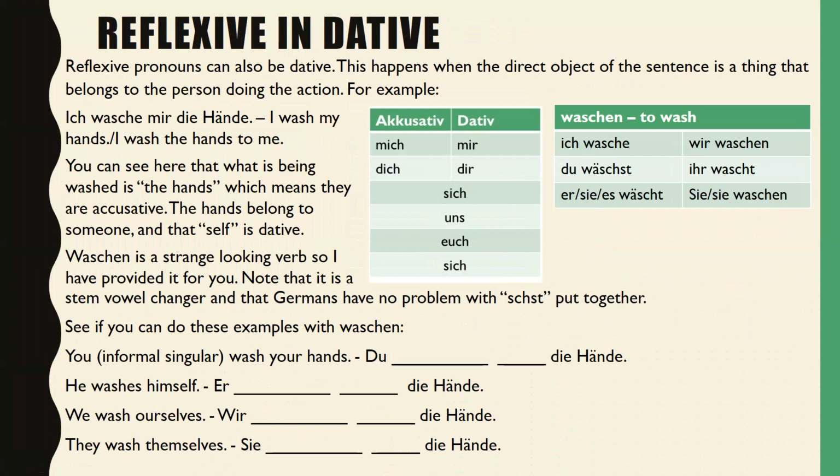You should have du wäschst dir die Hände, wäscht sich die Hände, wir waschen uns die Hände, sie waschen sich die Hände. Note, die Hände, the hands, never change. The self to whom they belong is what changes.